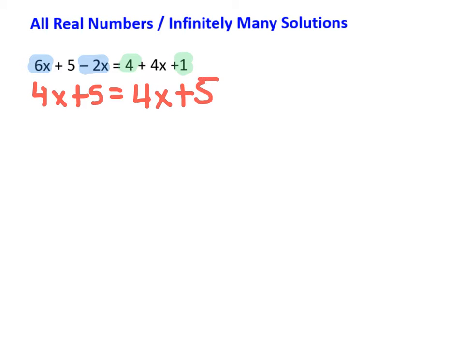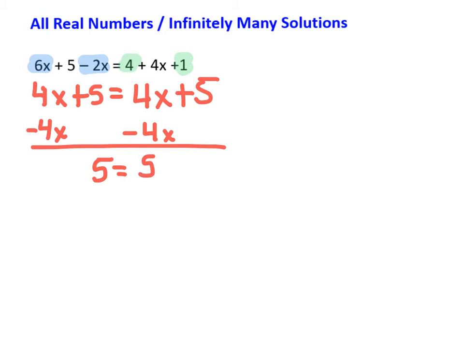Now the next thing we need to do is bring all the variables to one side of the equation. So I'm going to move my 4x from the right side over to the left side. In order to do so, I'm going to subtract 4x from both sides. So that will give me 4x minus 4x is 0, 5 carries down, 4x minus 4x is 0 again, and that 5 carries down.